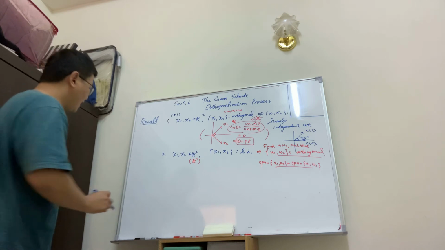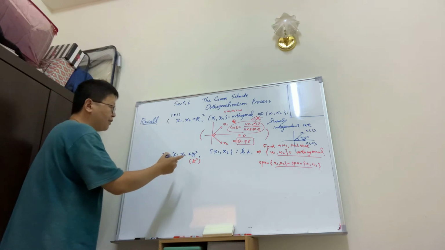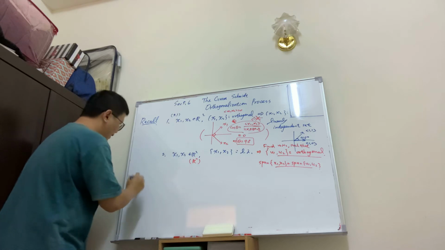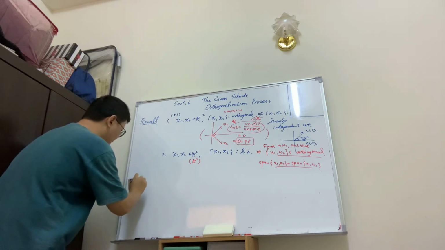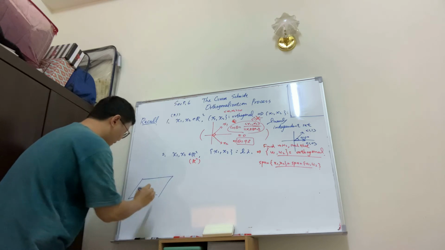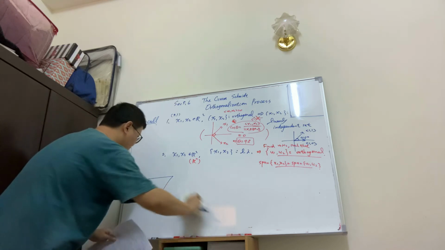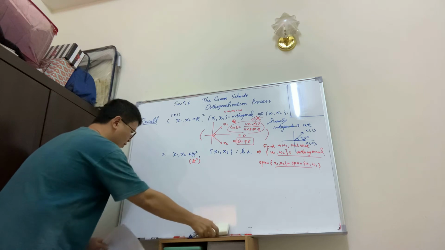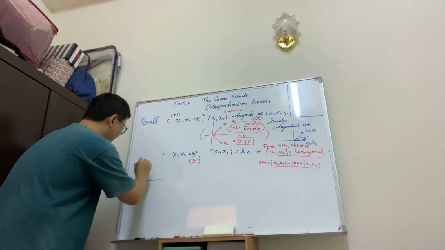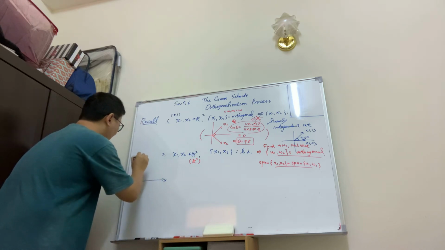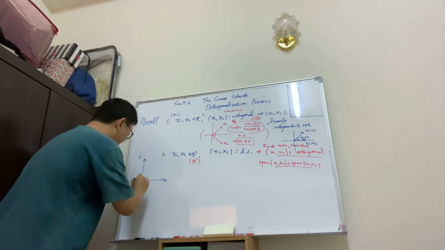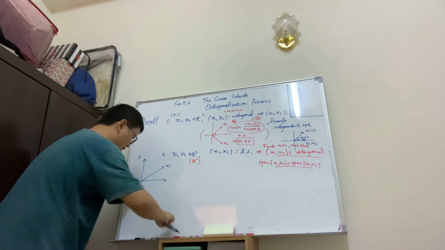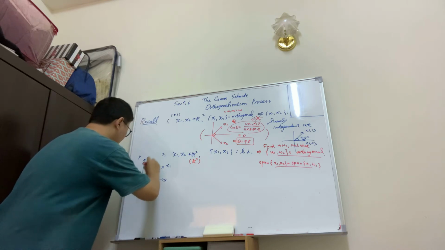If you remember in section 5.1, how to find it? We have a plane, the xy plane. In the xy plane, you could start from x1 or you could start from x2. If we start from x1, and now we have a vector x2.